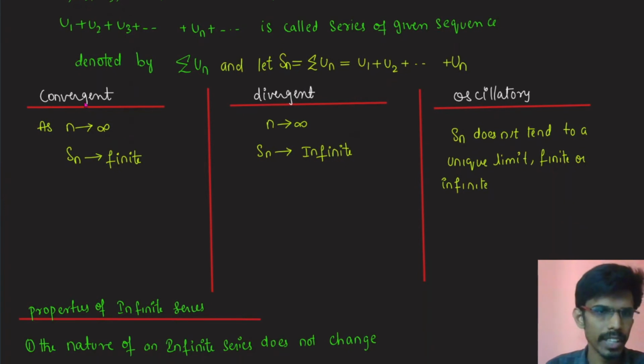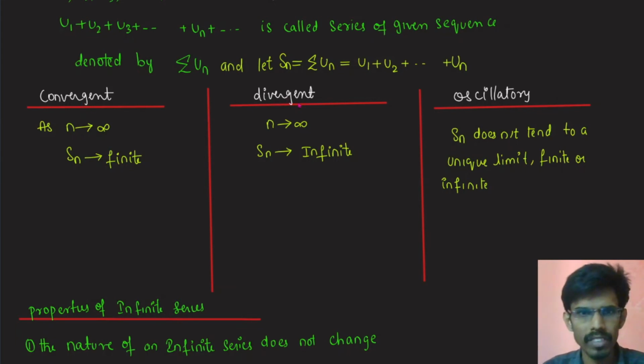Now the given series will be convergent, divergent, or oscillatory based on this Sn value. If n tends to infinity and the Sn value is finite, meaning if I add all the numbers when n is infinite and the sum is finite, then we say it is convergent.